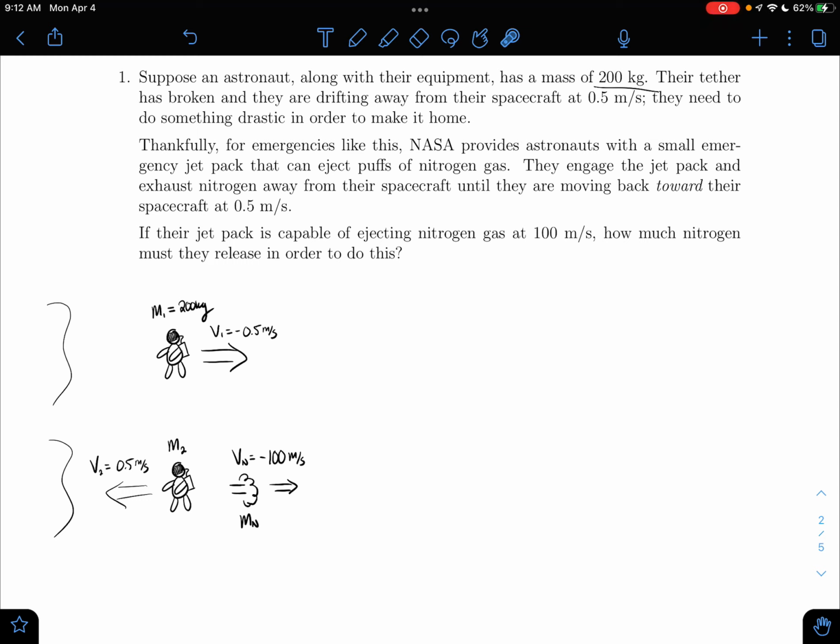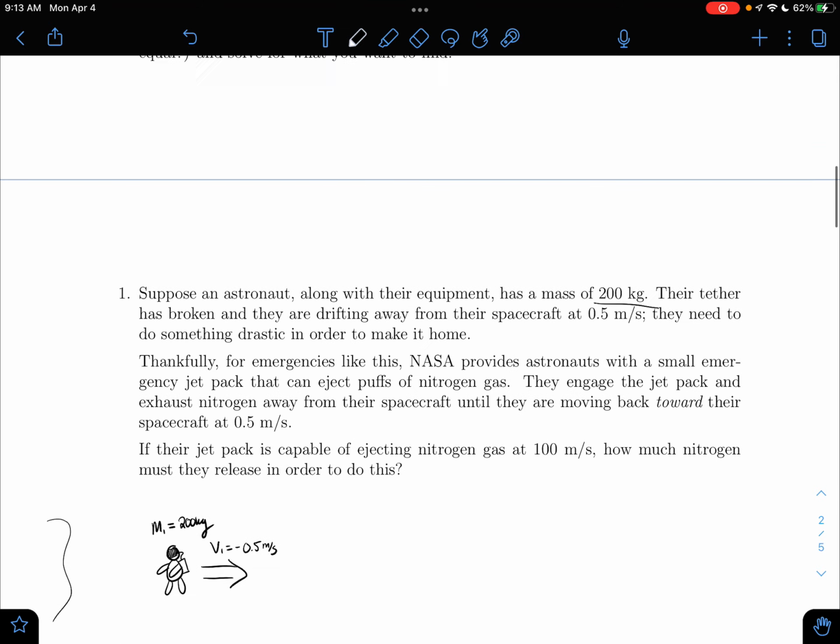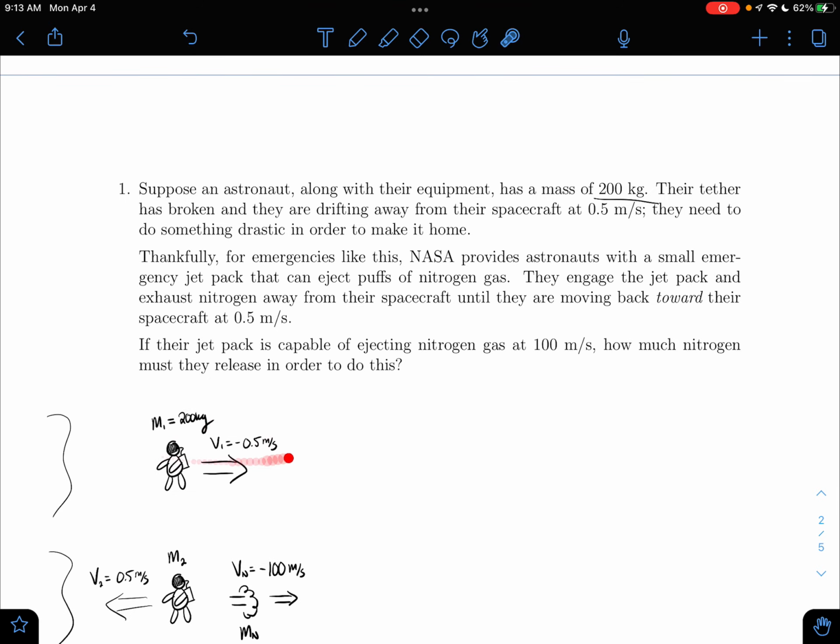With conservation of momentum, we know that whatever momentum exists in our system initially is the same momentum that's going to exist in the final state. We take a picture, figure out the momentum, and we take a picture after and figure out the momentum, and we can set them equal. Since momentum's a vector, we do have to keep track of these positives and negatives.